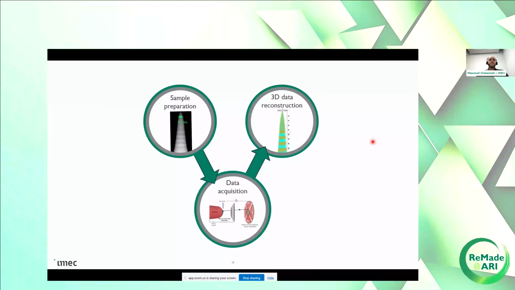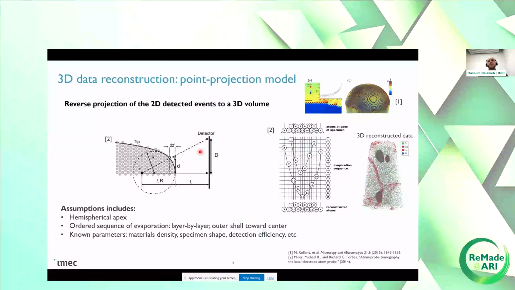So far I discussed the sample preparation and briefly data acquisition in atom probe. In the next step, we would like to dive into the 3D reconstruction. Atom probe is actually a tomography technique, so we need to reconstruct all the detected events in the form of the 3D arrangement of original atoms within the specimen. For that, there are already some available reconstruction protocols.